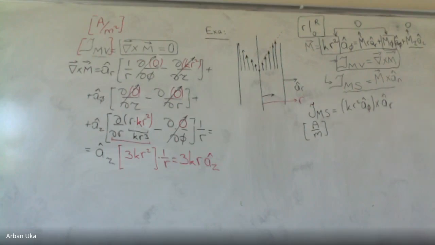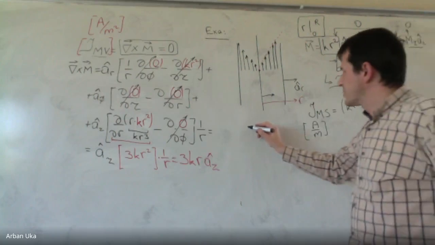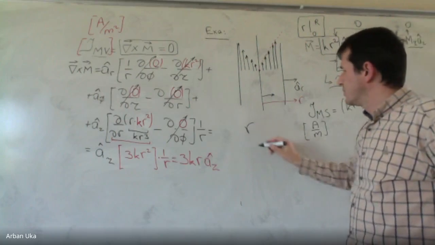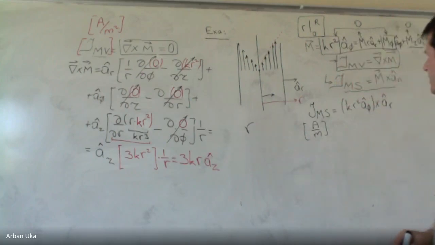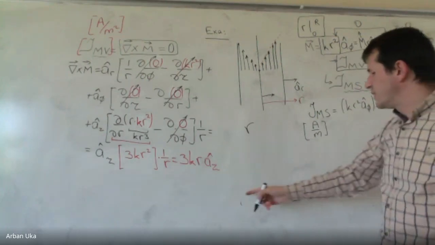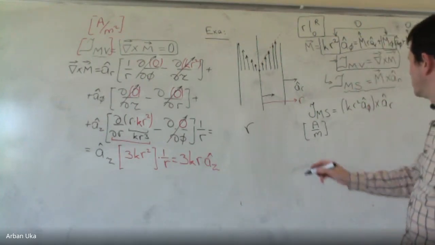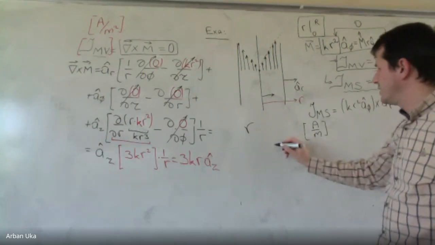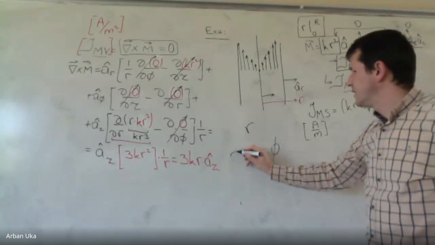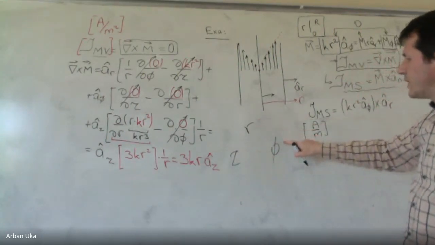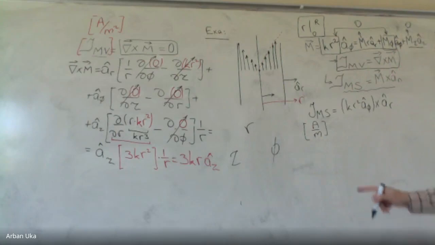Now, what is A phi cross AR? Let's do a similar sketch because it's good to not memorize anything. If you have good memory, of course, it's highly valuable. So we have R, phi, and Z. If we go clockwise, when we do cross product, we get a plus sign. So here we have A phi cross AR.